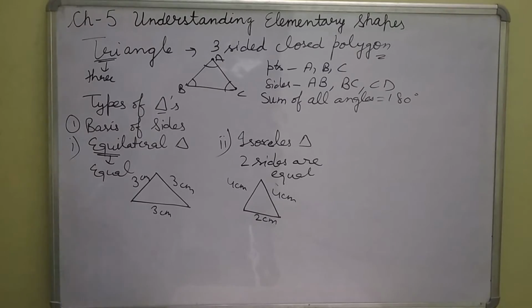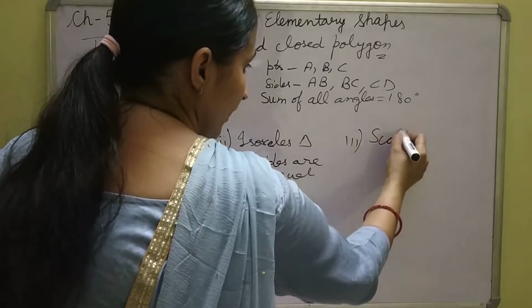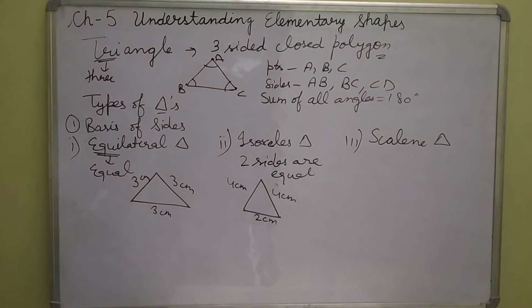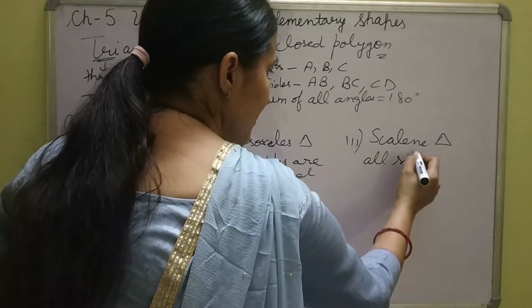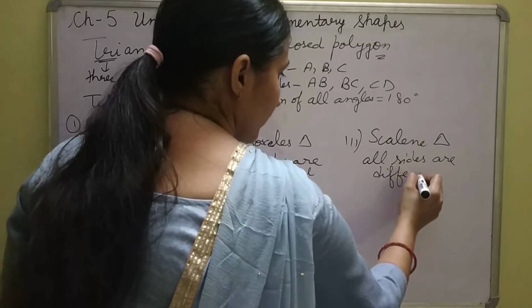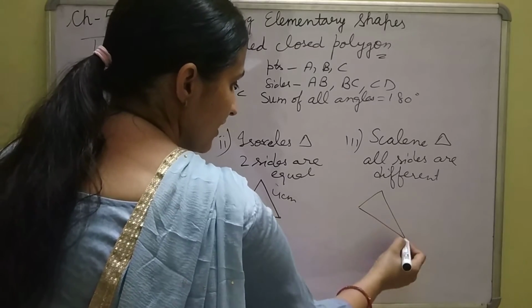Now third one is scalene triangle. Now what do we mean by scalene triangle? Scalene triangle means whose all sides are different. All have different length, like this.